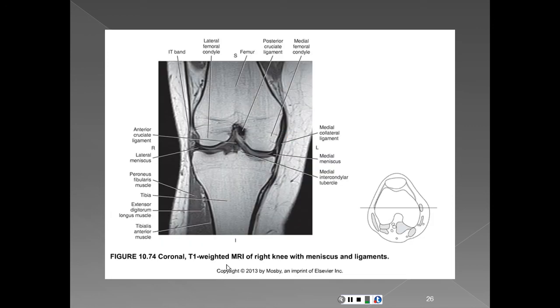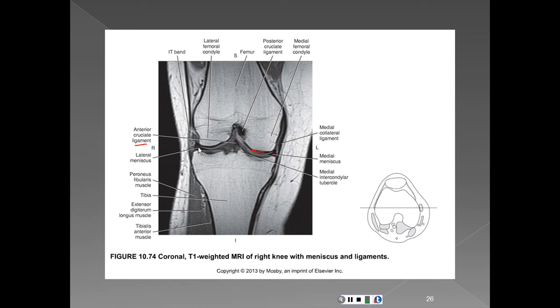This is a coronal T1 weighted MRI of the right knee with the meniscus and ligament. You see the anterior cruciate ligament right there. This is the meniscus, and this is the joint, the padding. This is the actual meniscus.